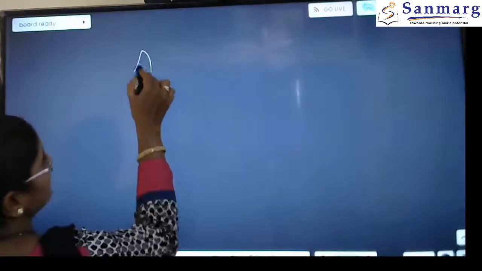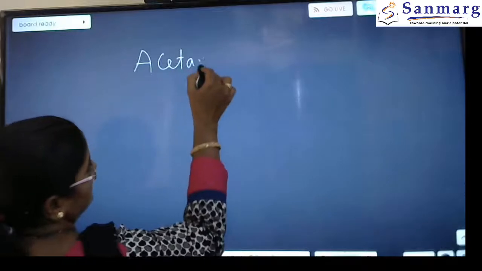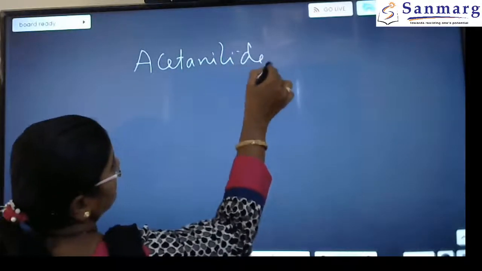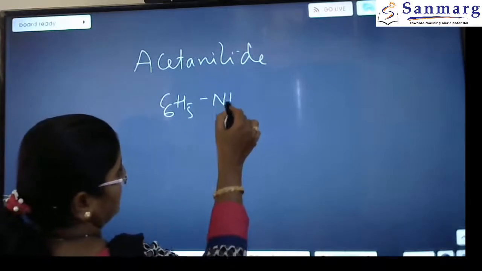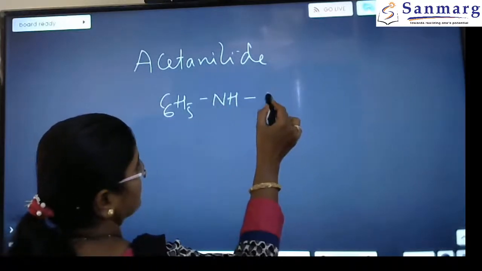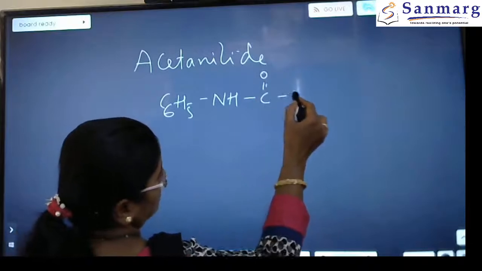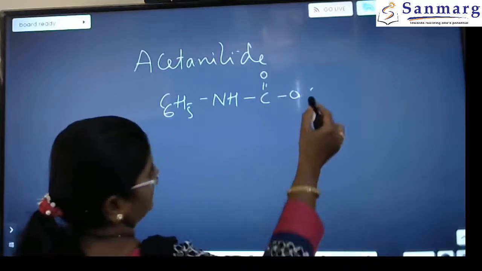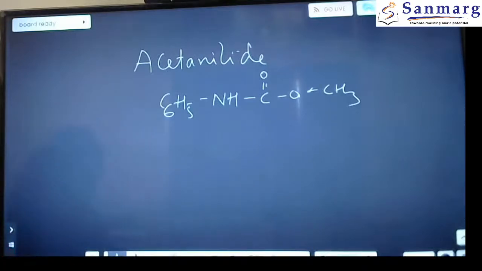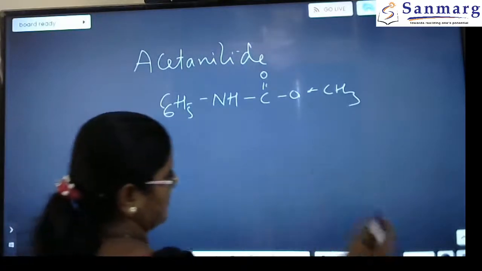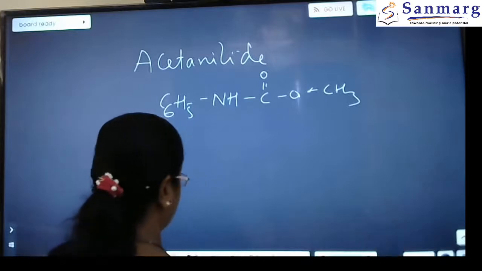Okay, right here, acetanilide. The acetanilide formula is C6H5NH, then C double bond O CH3. C double bond O, no extra O, only CH3.